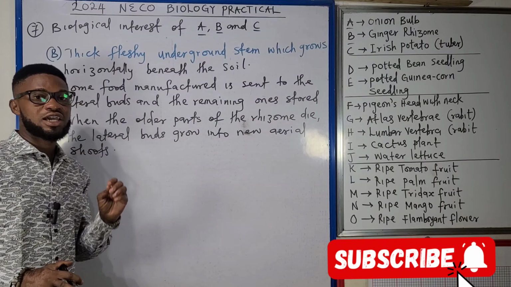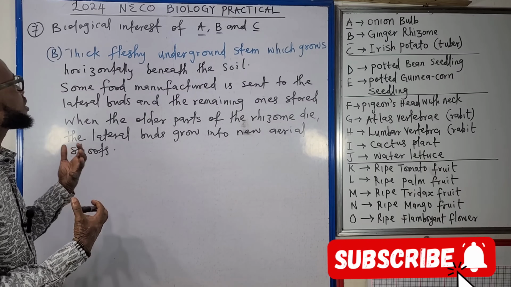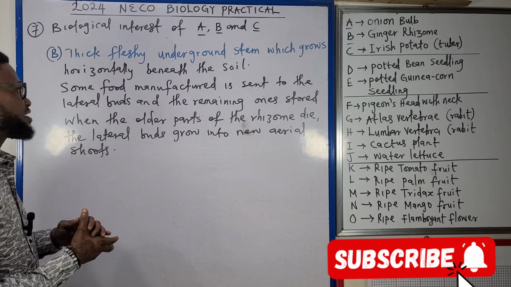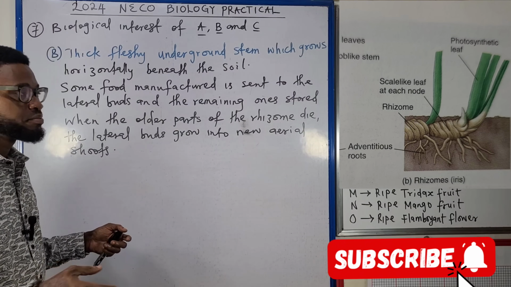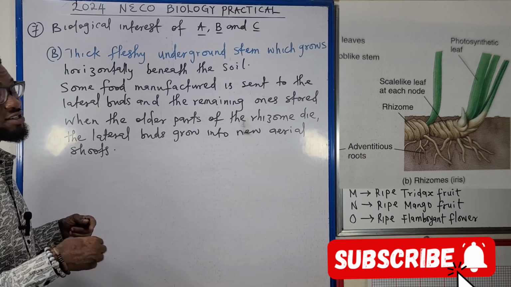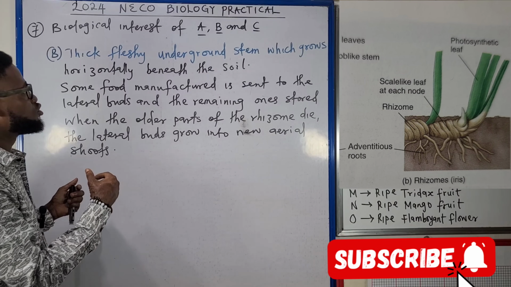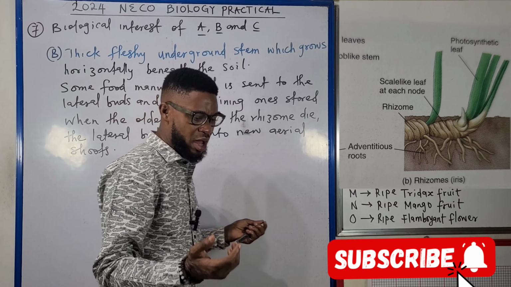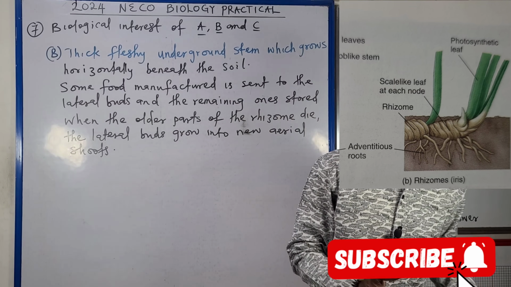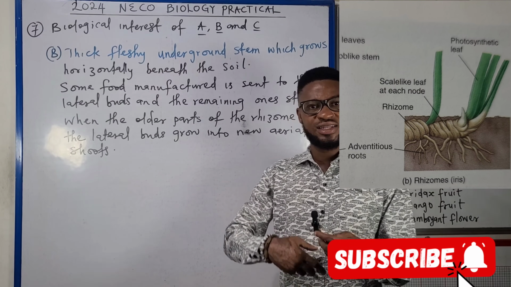Talking about the biological interest of a specimen, when we say biological interest here, it just means we should comment on something that interests us biologically about that particular specimen. And when you talk about something of biological interest, it could be the way they manufacture their food, it could be the way they reproduce.